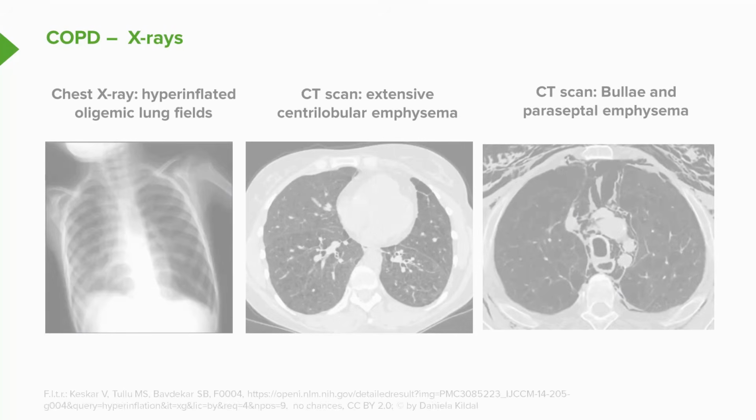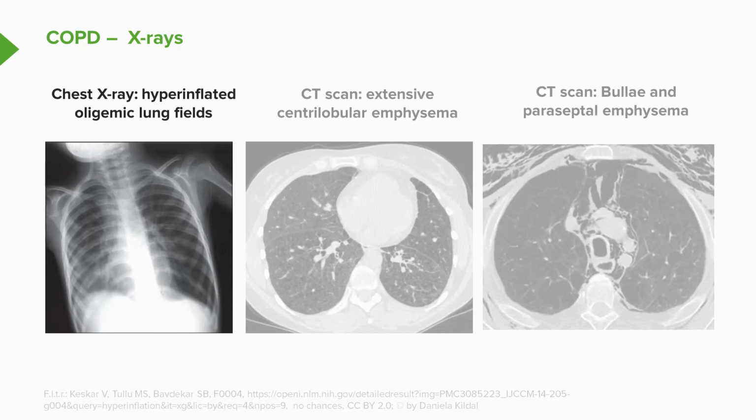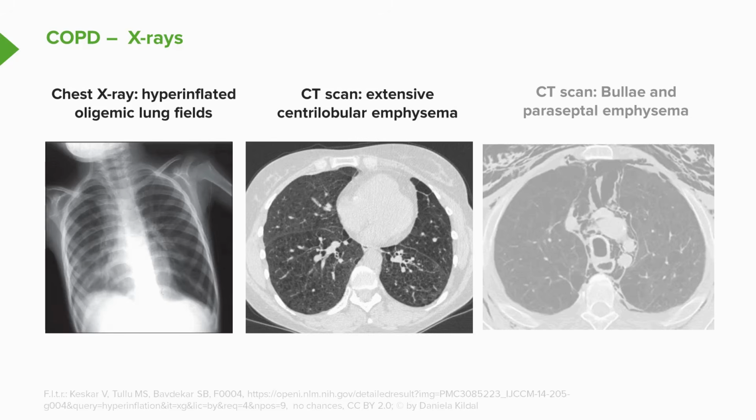So these are some examples of x-rays you might see. The x-ray on the left-hand side of the slide is somebody with hyperexpanded lungs due to COPD, and basically you see black lungs, very long, thin lungs, and the heart is stretched as well. That's a hyperexpanded pair of lungs with oligemic lung fields. The middle CT scan shows centrilobular emphysema, and what you can see are black holes where there's been lung destruction, with the grey material around the outside being the normal lung.